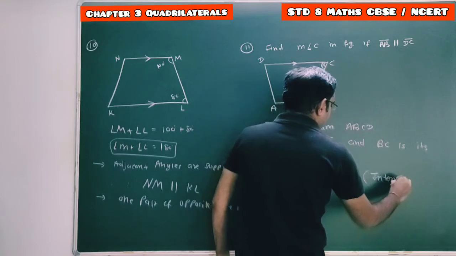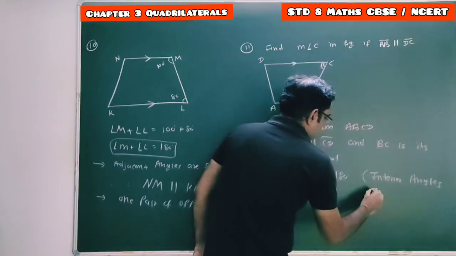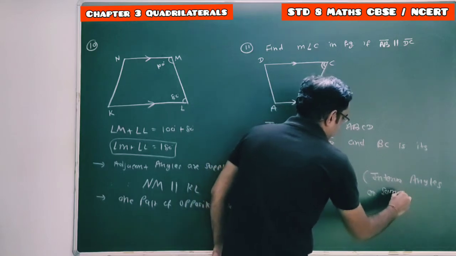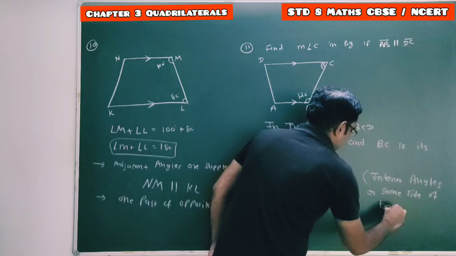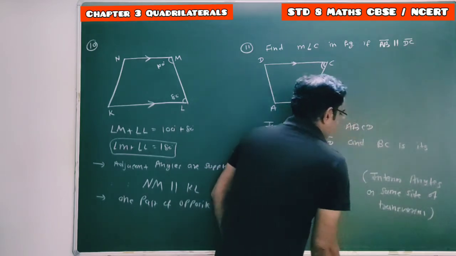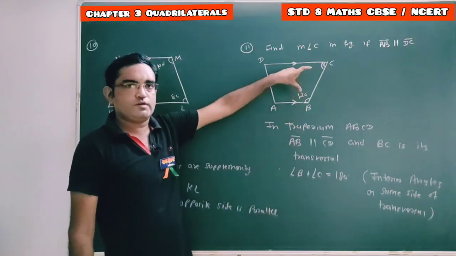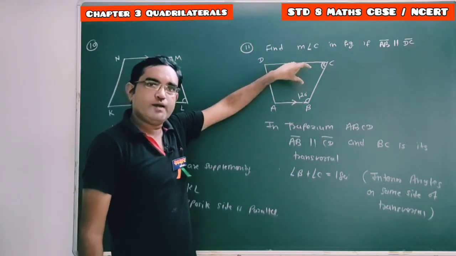Pair of interior angles on the same side of transversal, they are always supplementary angles. The sum of measure of their angles is 180 degrees.